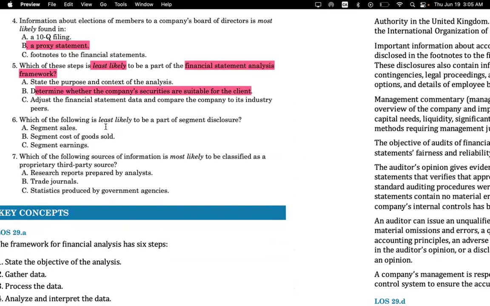Segment disclosure. B, I'm not sure about this one. Proprietary third-party source.